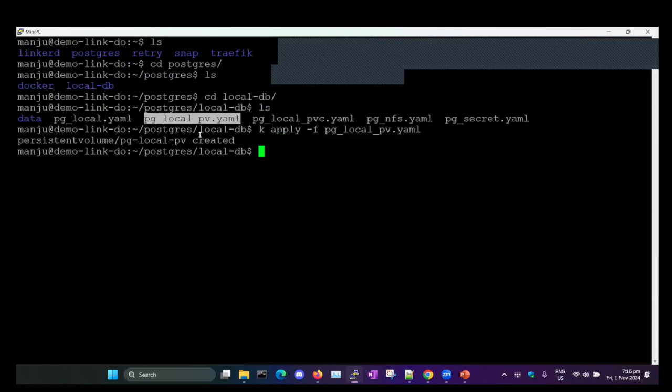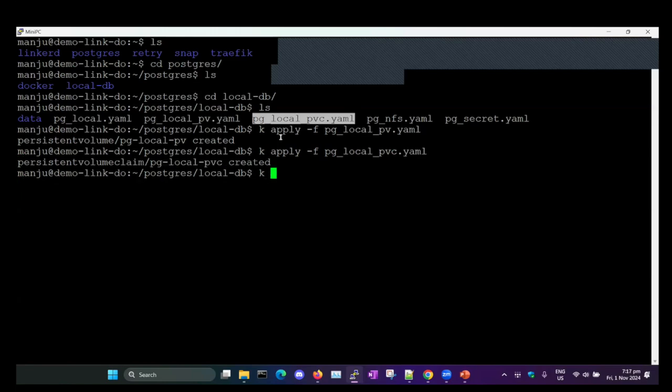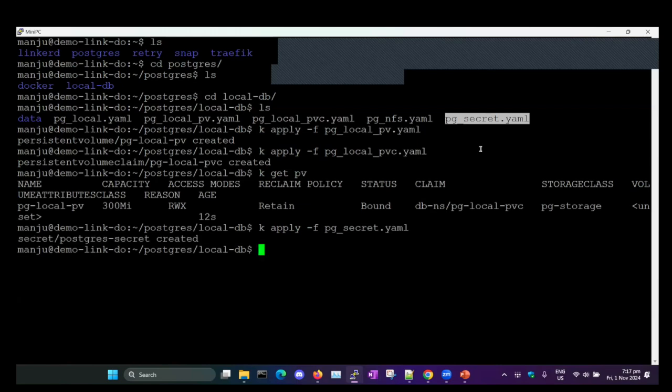This is a PV. Because I'm deploying a database, I need a persistent volume. I'm deploying the PVC for it. If you look at that, this one is already bound to the PVC, right? Then I apply a secret for it. It's a very simple secret.